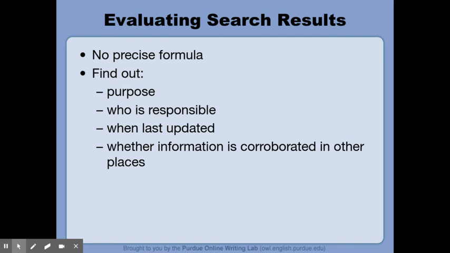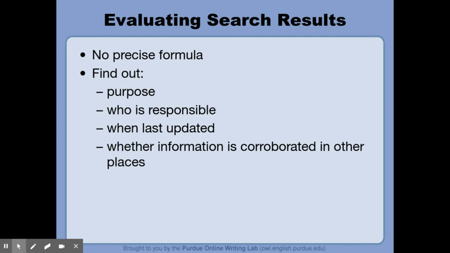Is it helpful? You need to look at who is responsible. Who is the author? Is it a group? An organization? One person? And what are they trying to tell me? When was the resource last updated? This is important. If there is a date in the result or within the website, you need to look for it.